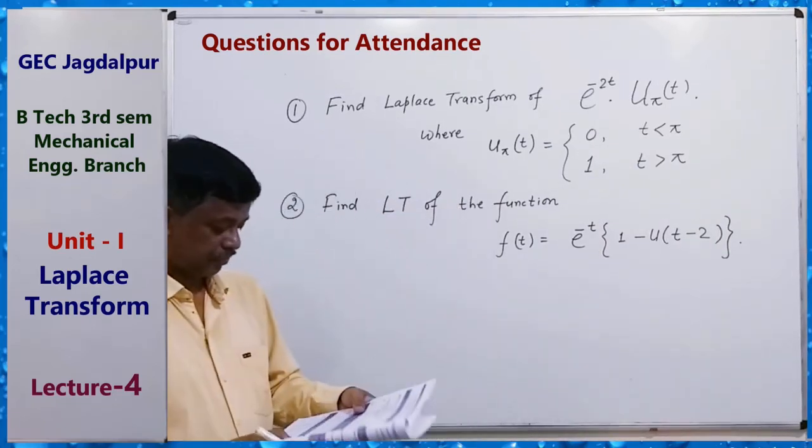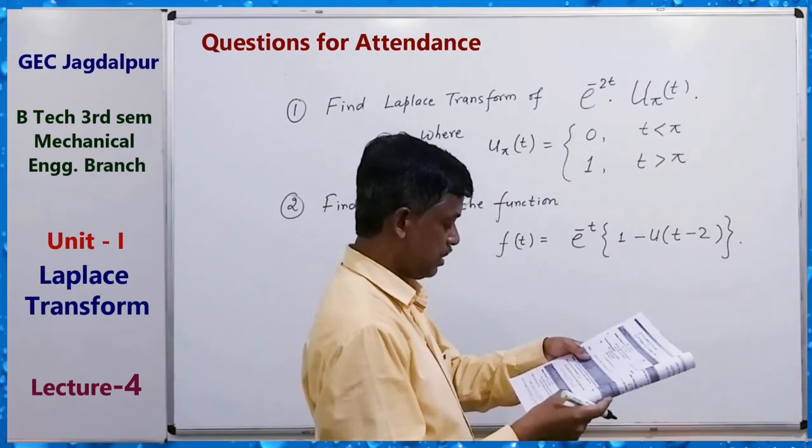Okay, e to the power minus t times 1 minus u(t minus 2).